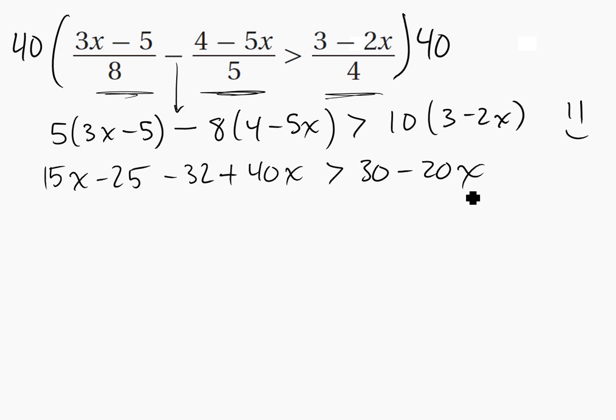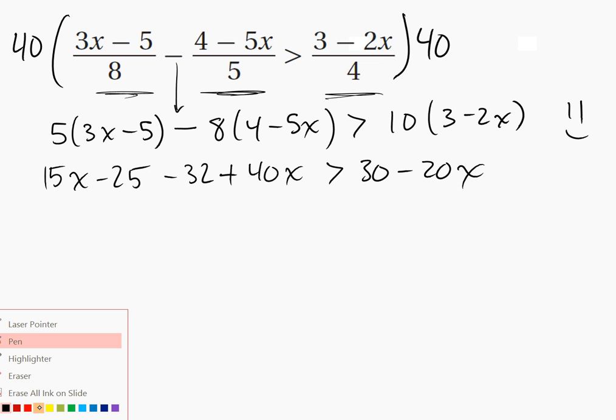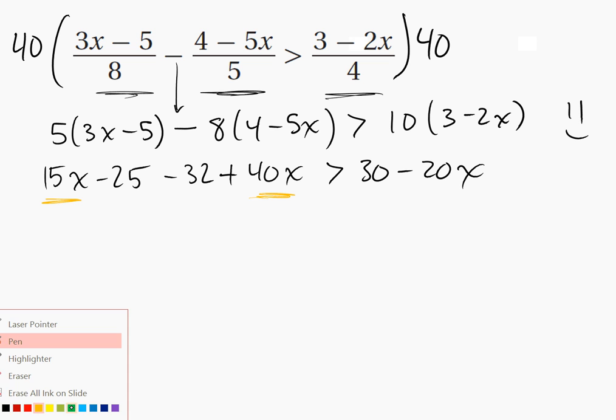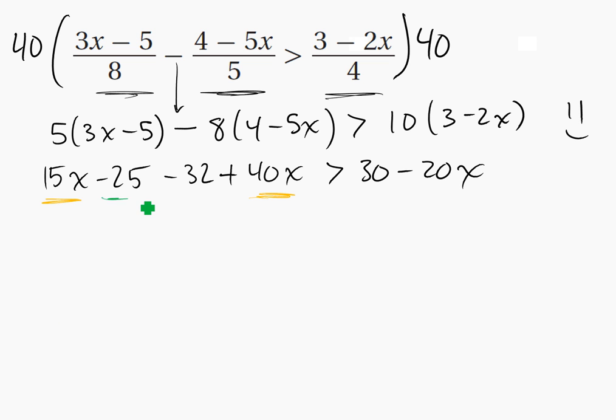Combining like terms on the left-hand side, this is so cool. Look at this. The 15x and the 40x are like terms on the left-hand side. And also, negative 25 and negative 32 are also like terms on that side.